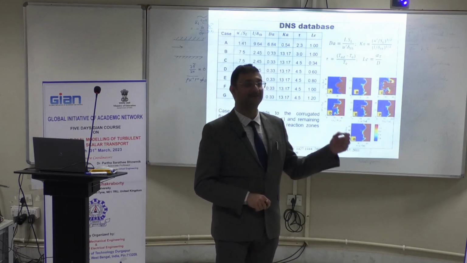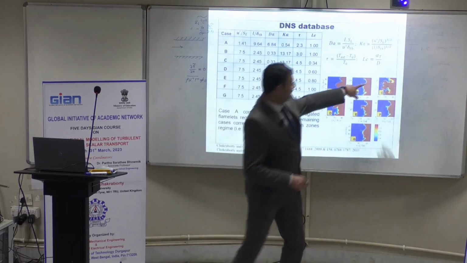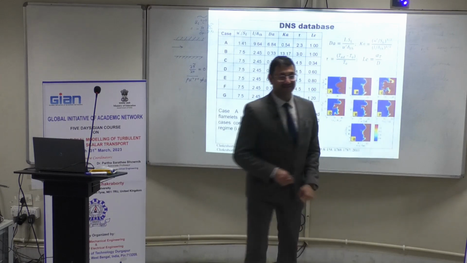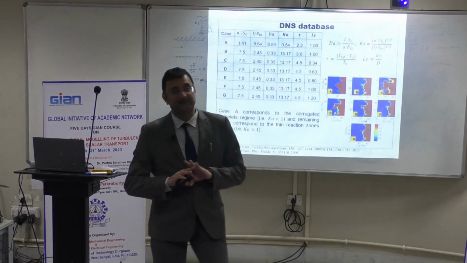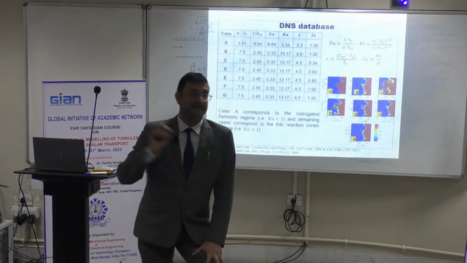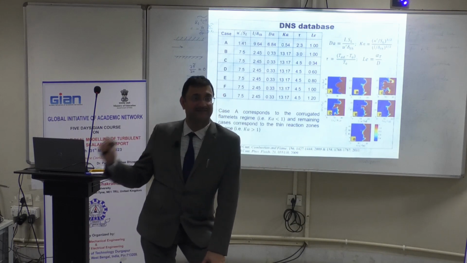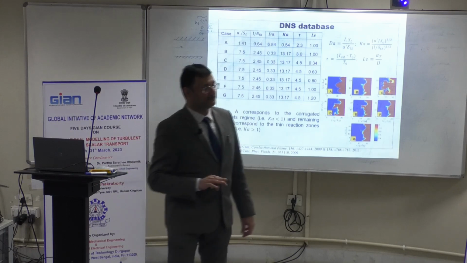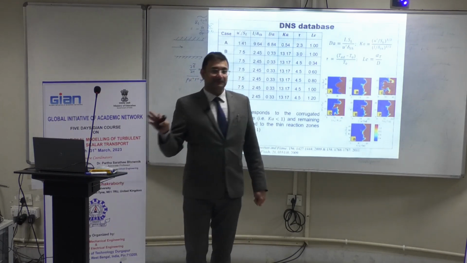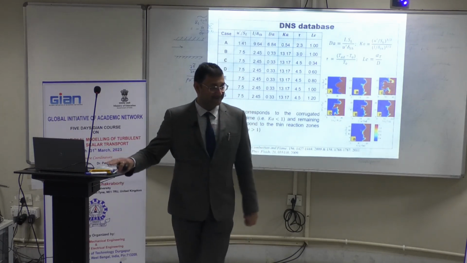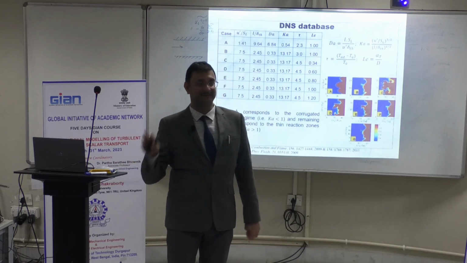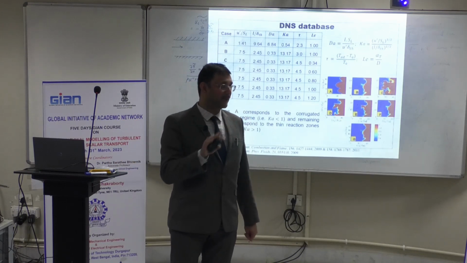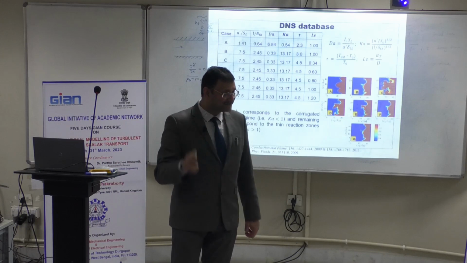Because the hydrogen flame will behave like this one. It's a considerably different behavior. In addition to that, the chemistry is significantly different. It is a complete digression from what we are talking about here, but I just want to make you aware of the implications.